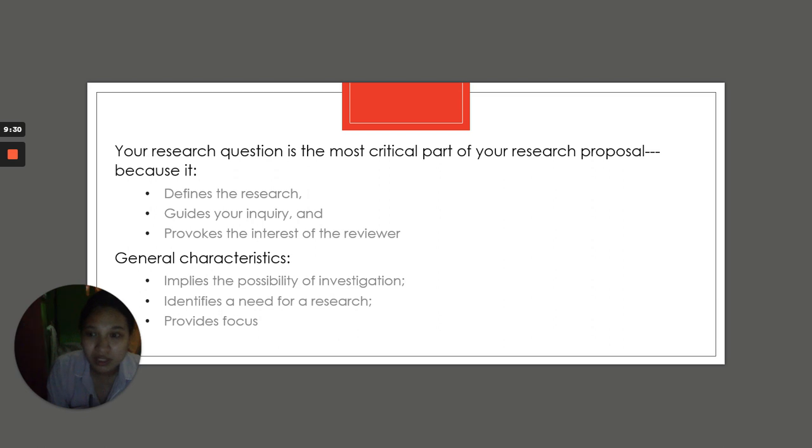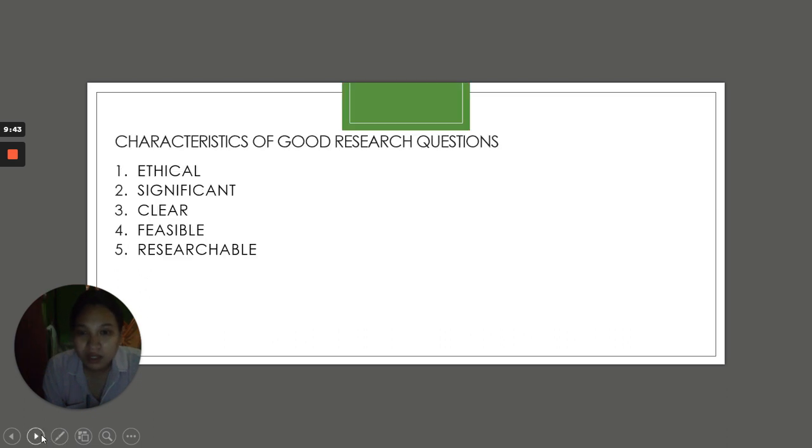The general characteristics: it implies the possibility of investigation, identifies the need for research, and provides focus. The characteristics of good research questions are ethical, significant, clear, feasible, and researchable.